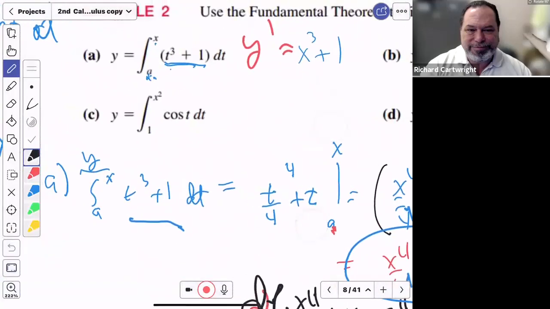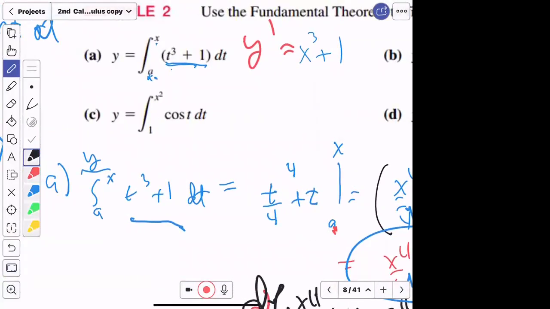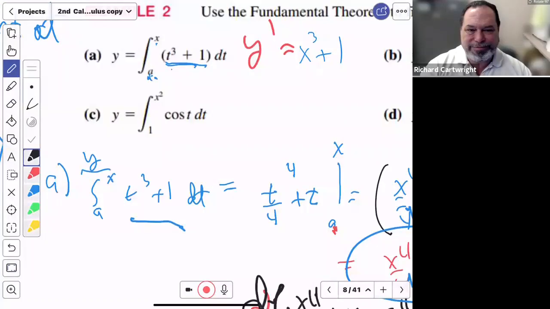Look at the letter C. What's different about it? It's squared. And let me ask you a question. Is the derivative of x squared equal to 1? No. So I'm going to have to take into account the derivative of x squared. But the first step is still the same.